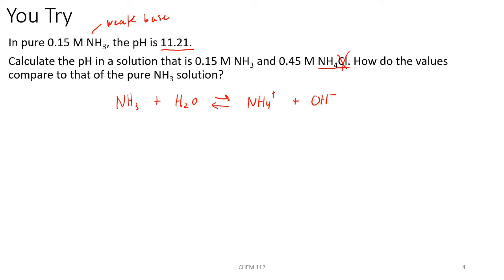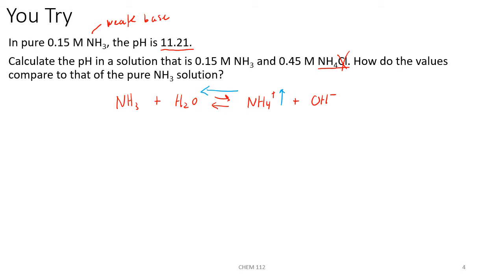So if we think about what's going to happen, we're spiking our weak base solution with extra ammonium ion from the ammonium chloride. So according to Le Chatelier, we should shift away from that addition. So we should shift back in this direction towards the left, which is our ammonia and our water, and shifting away from our hydroxide ion. So how will that affect the pH?